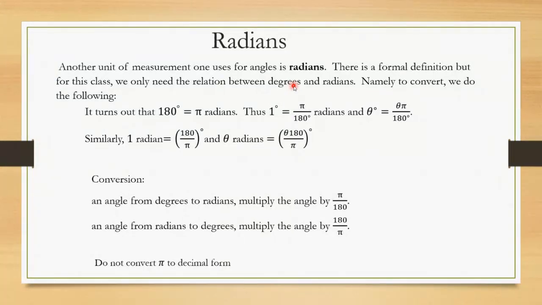It actually turns out that 180 degrees is the same as pi radians. But again, that's not the definition, but it turns out that way.